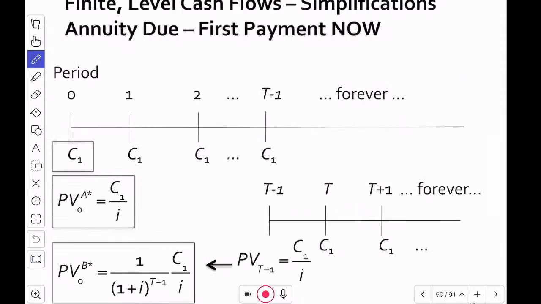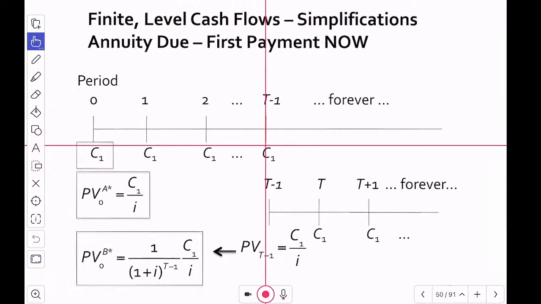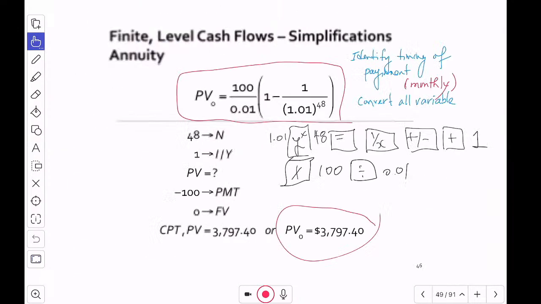All right, so what if I'm going to do now a modification. So any questions about this, first of all, the annuity? Try to use your finance calculator, and not just the TVM row, but use a finance calculator to calculate just to practice.